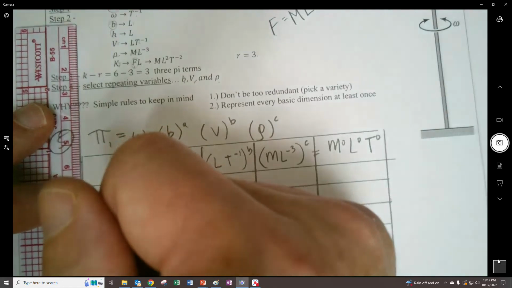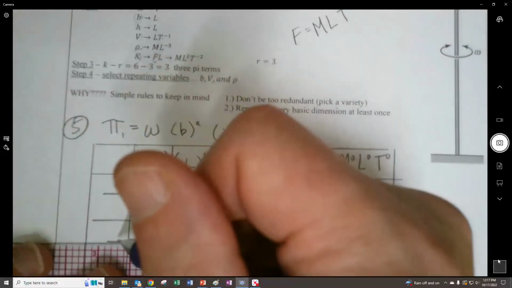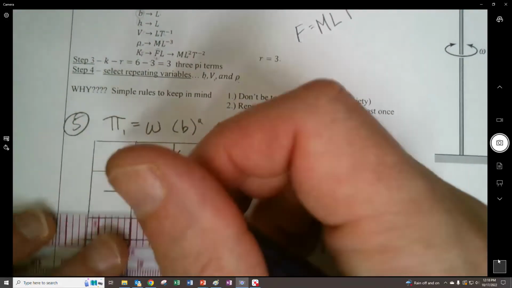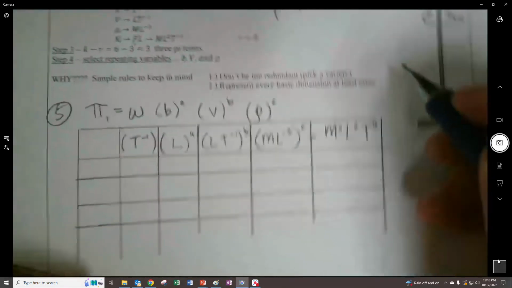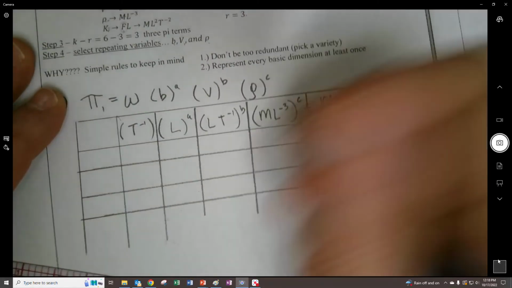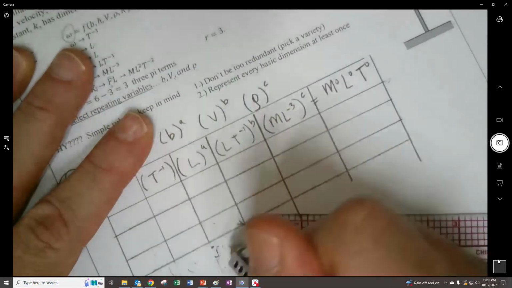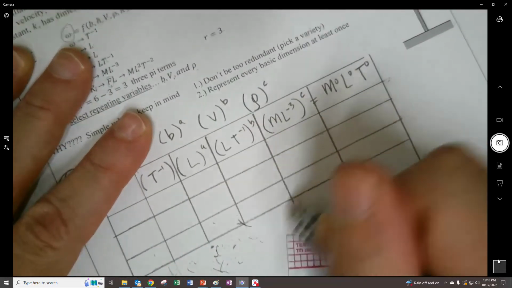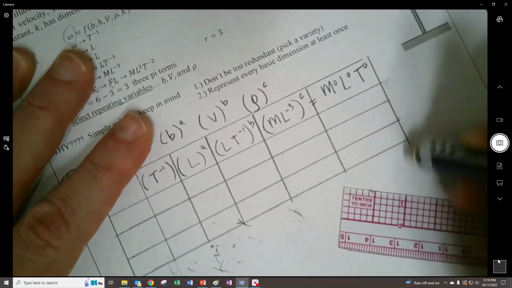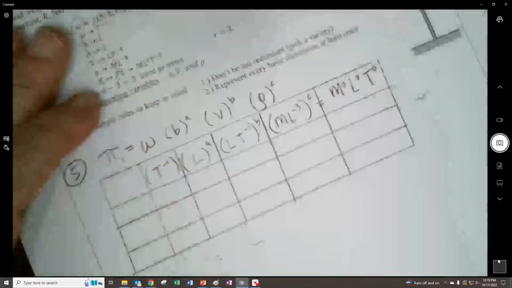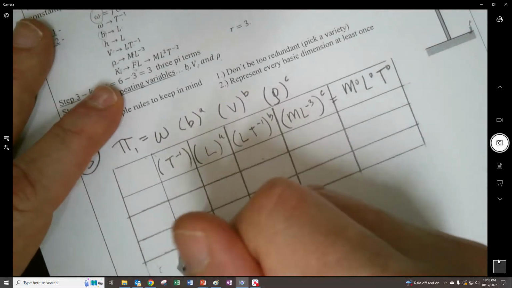I'll neaten this up as best I can without going too crazy over it. Let's see. Get rid of some of these lines. My desk is so full of eraser shavings, it's not even funny.